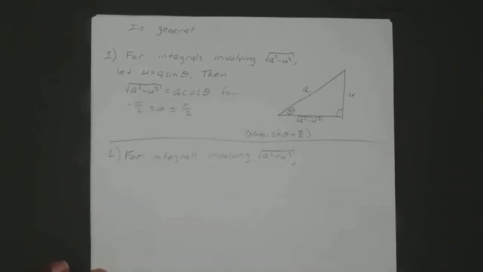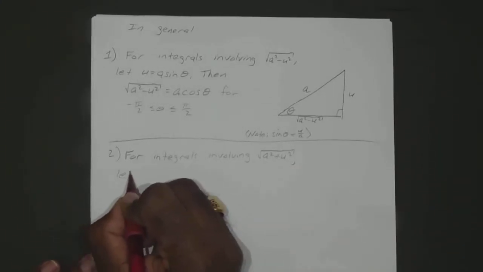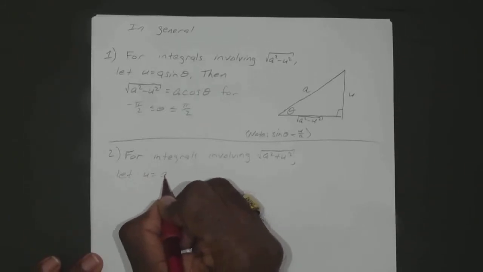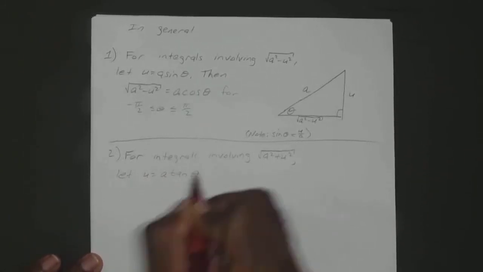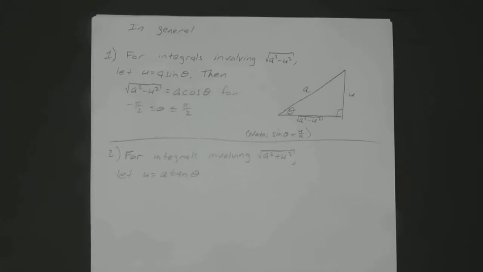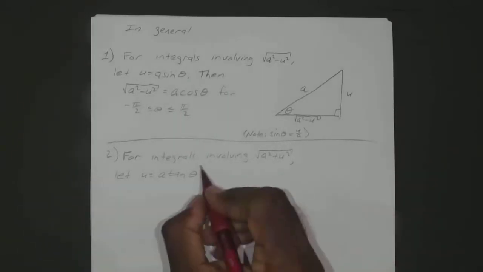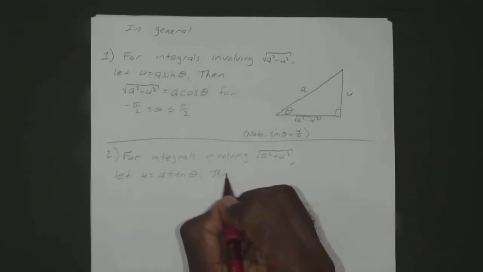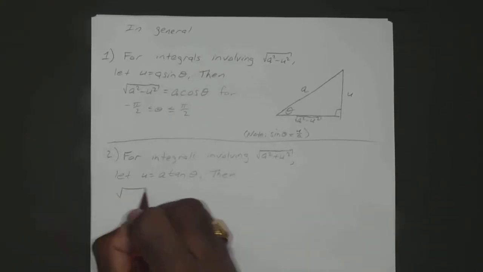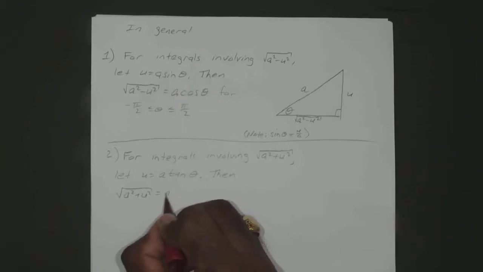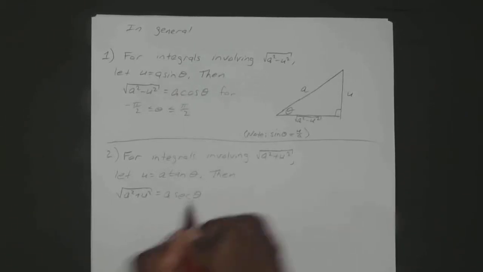Then we'll let u equal a tangent theta. Once we do that, the square root of a squared plus u squared will end up equaling a secant theta.